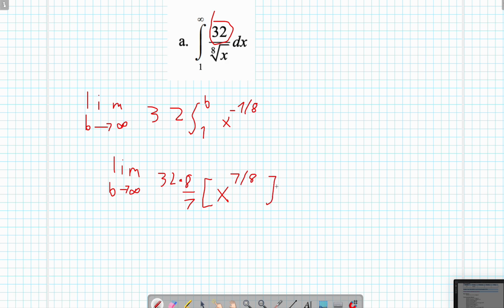So from again 1 to b, so we're gonna be left with, I think, 256 over 7 into, we substitute now b by infinity, right? Since we said we're using the limit as b approaches infinity, so infinity minus 1. This will just give us infinity, which is the right answer.